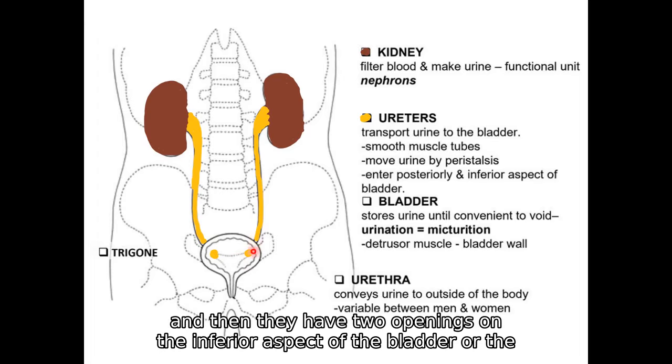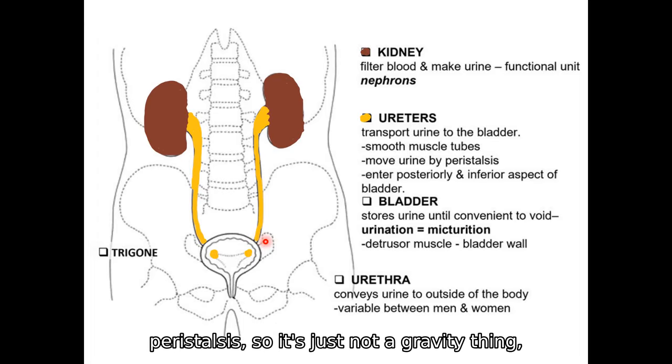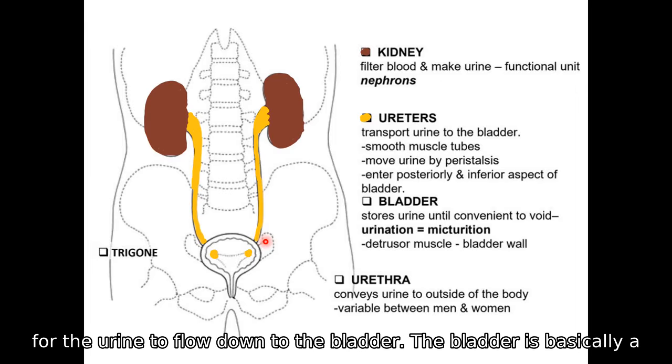They run behind the bladder, and then they have 2 openings on the inferior aspect of the bladder, or the bottom of the bladder. They move urine by peristalsis, so it's not just a gravity thing. It's not like you have to stand up for the urine to flow down to the bladder.